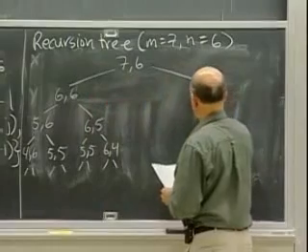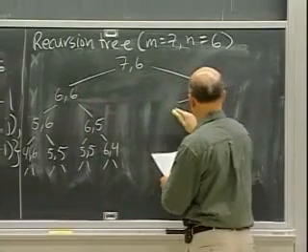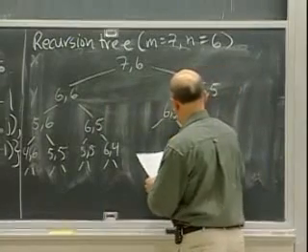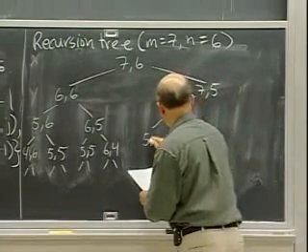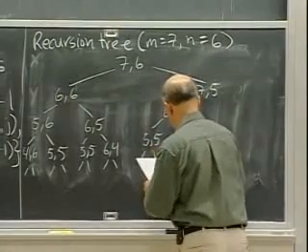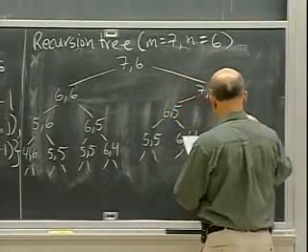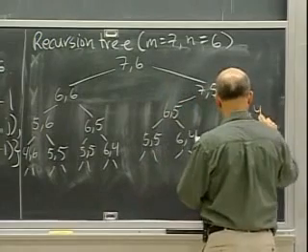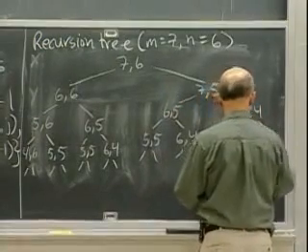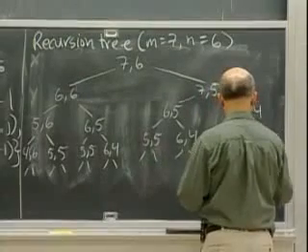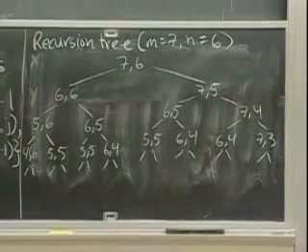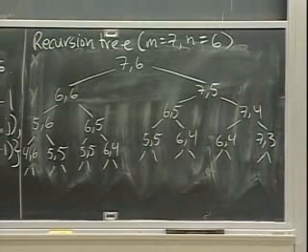Over here, I'm going to decrement the first index, 6, 5. I get 5, 5, 6, 4. And these guys keep going down. And over here, I get 7, 4. And then we get 6, 4, 7, 3. And those keep going down. So we keep just building this tree out.